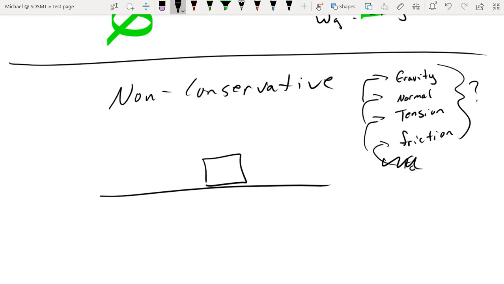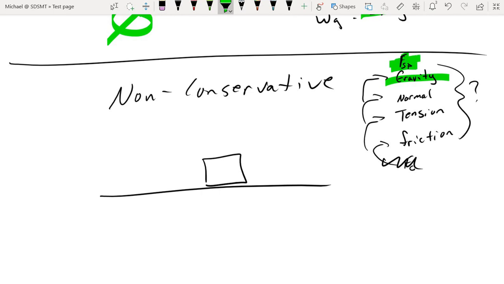So we really probably don't have to consider that. We've already confirmed gravity. We've already confirmed the spring force.